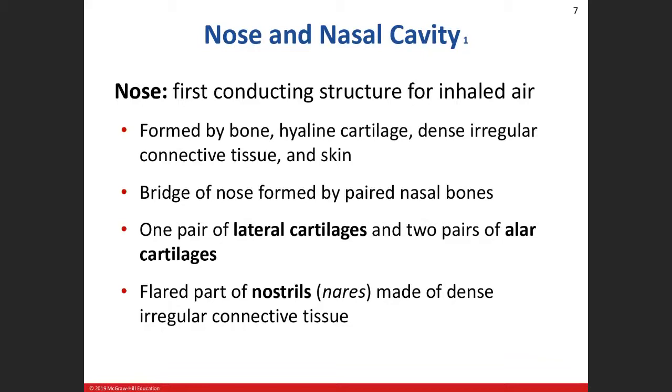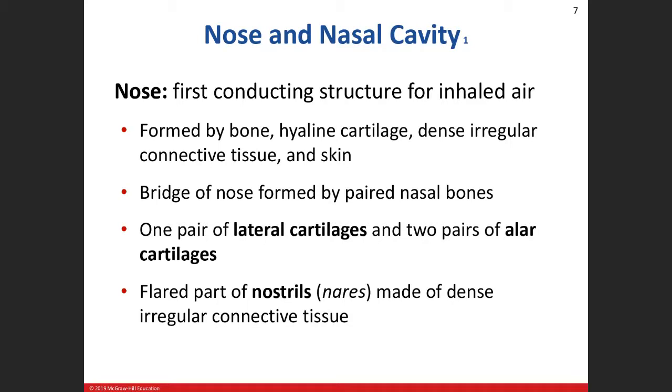So your nose and nasal cavity have to prepare that air. They got to make it suitable for your lungs, because your lungs would much more prefer to have moist air than dry, arid air.